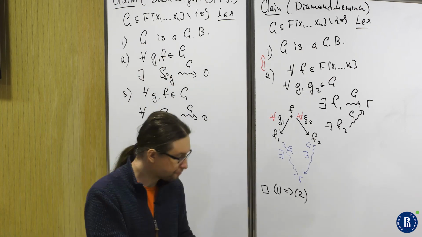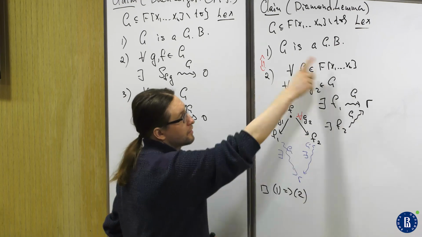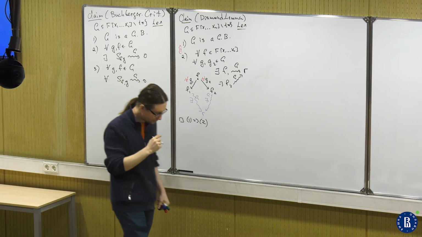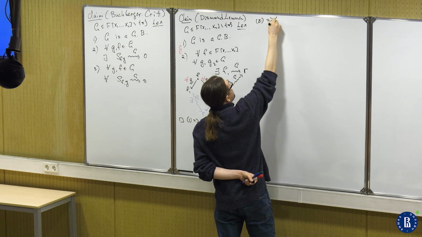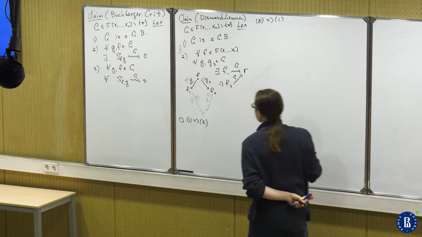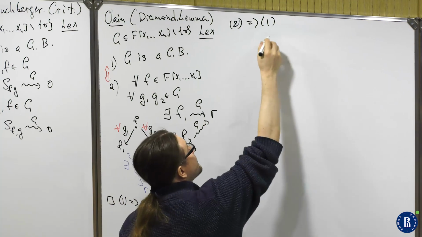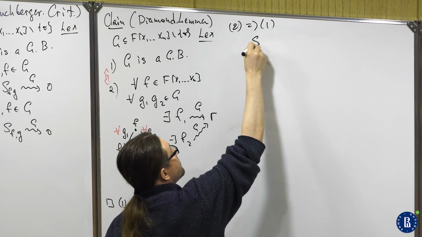Okay, good. Now, the interesting part is, of course, to prove that if we are given this claim, then G is a Gröbner basis. Suppose the second claim holds. We want to prove that G is a Gröbner basis. Let's assume the contrary.